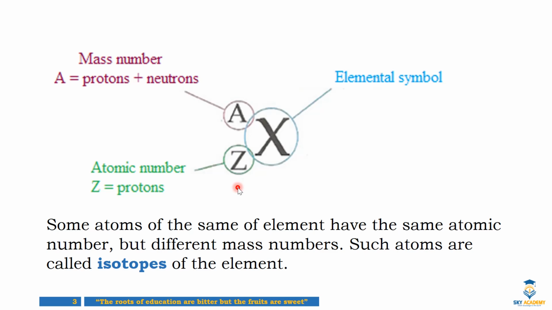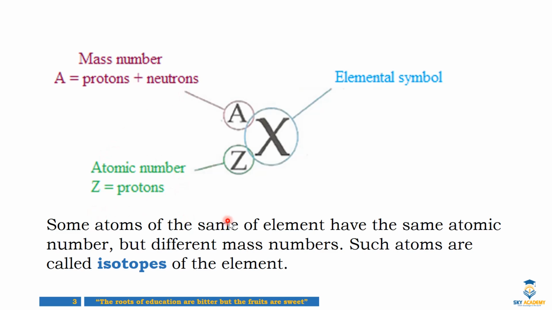So that is the elemental symbol, how it is written. For example, if it is hydrogen, write mass number 1 and then atomic number 1. The atomic number is equal to the number of protons, and then the mass number is equal to the protons plus neutrons.